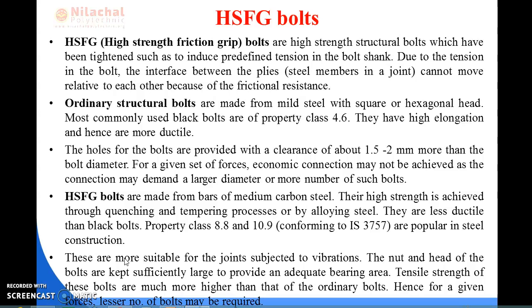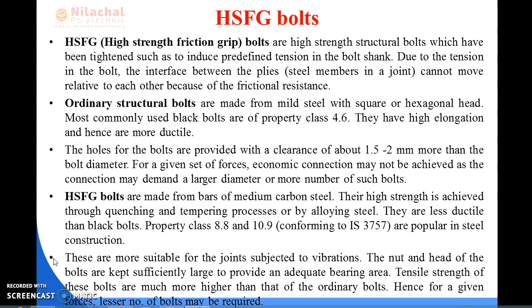These grades are designated by IS code 3757, which is more popular in construction sites. The next point is that these are more suitable for joints subjected to vibration.